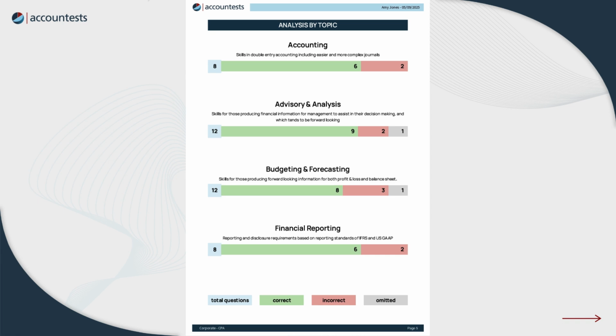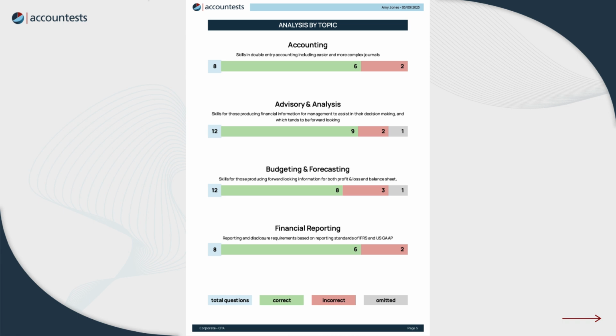Here we're covering accounting, so this is looking at the double entry accounting, debits and credits, making sure that those core accounting skills are intuitive. Advisory and analysis is using the financial information to help management make decisions.